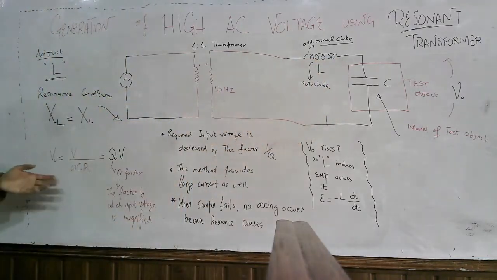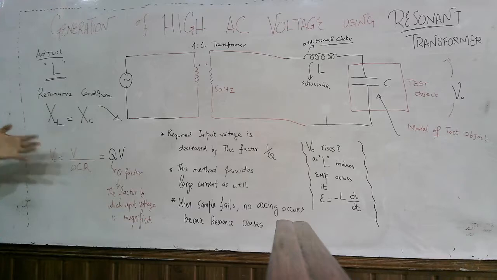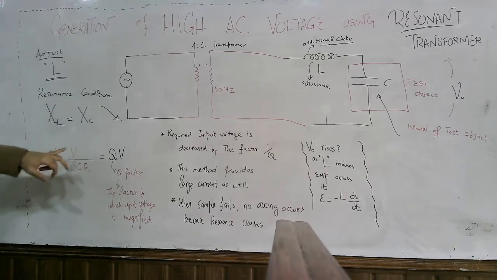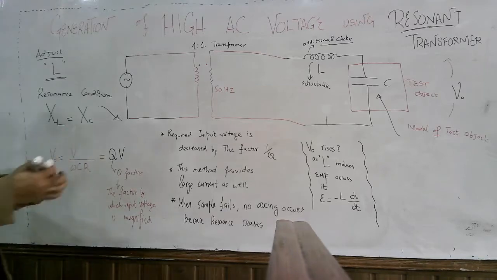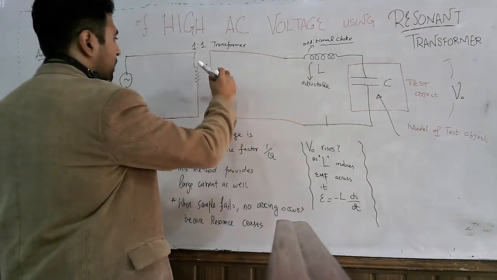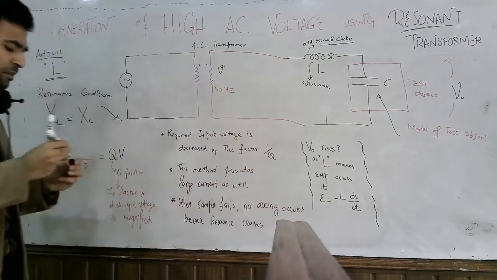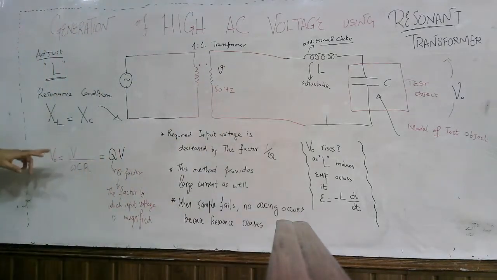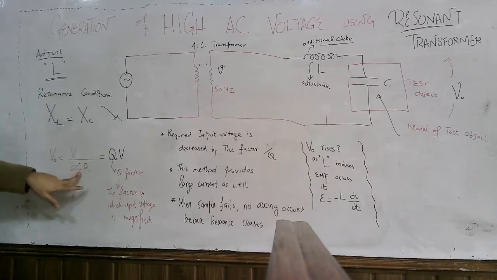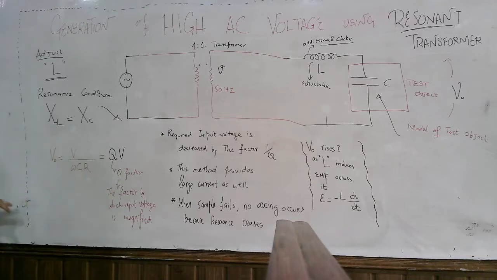And you are familiar with this equation, you derived it in your network analysis course. The output voltage is equal to V, the voltage across the secondary side of the transformer, divided by omega, divided by the capacitance and the resistance. Now this is the capacitance of the test object, and this is the resistance of the circuit.